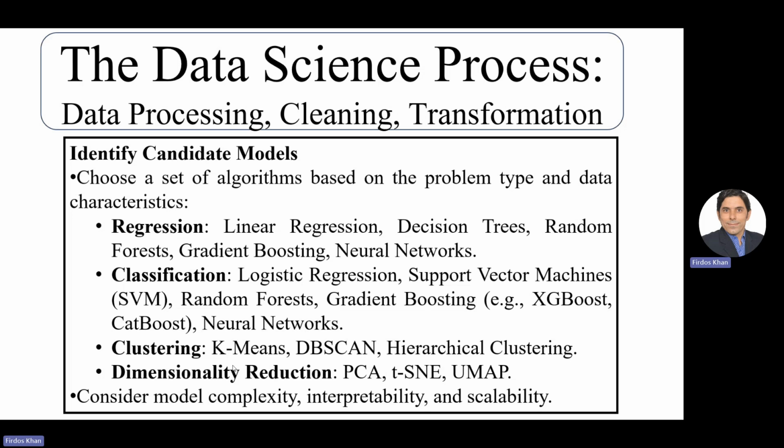And if your purpose is to make homogeneous groups, or you can say divide the data into various groups, you can use the k-means algorithm, DBSCAN, or a hierarchical clustering algorithm. And for dimensionality reduction, you can use the techniques which we have talked about already.